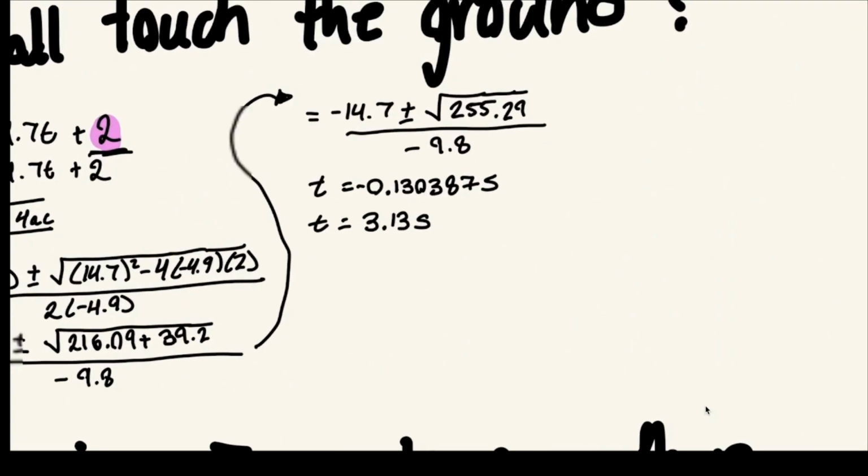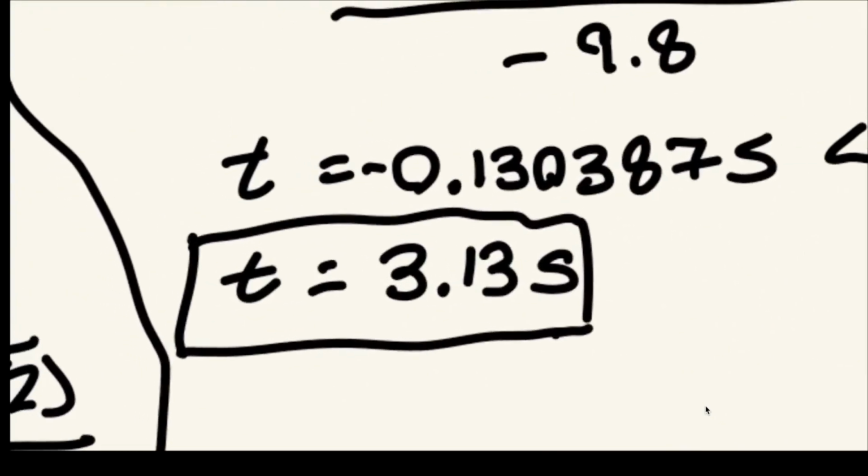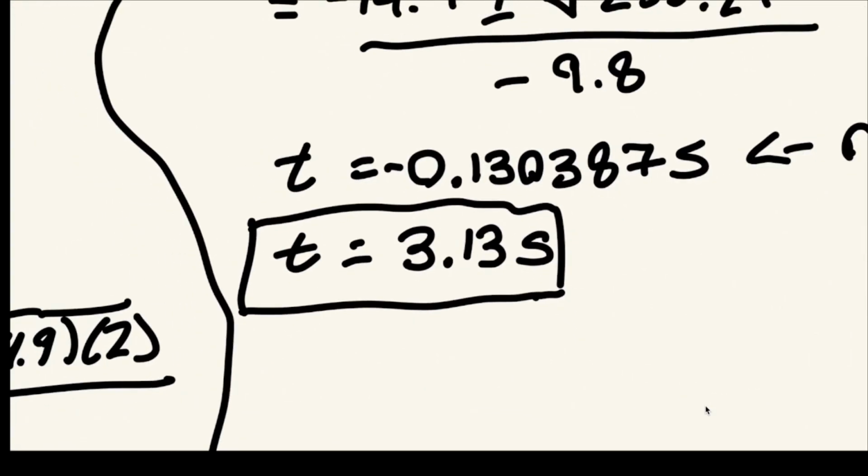So I got 2 answers, and the right answer is t equals 3.13 seconds, around. And the reason the other answer would not work in this case is because, look carefully, there is a negative sign. And can time ever be negative? In reality, no. Time just keeps going and going, but it can never be negative.